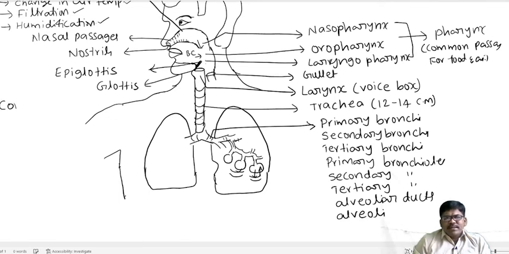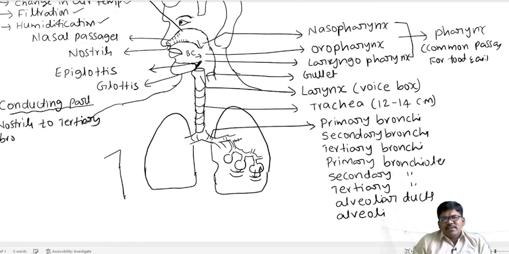Then, the human respiratory system mainly contains two parts based on their function. First one is called the conducting part. Conducting part is formed from the nostrils to the tertiary bronchioles. From nostrils to tertiary bronchioles, the part is called the conducting part.